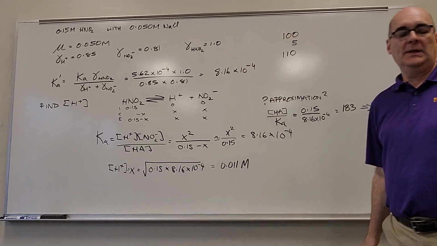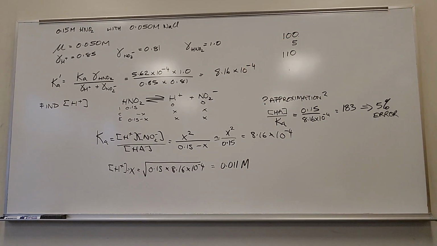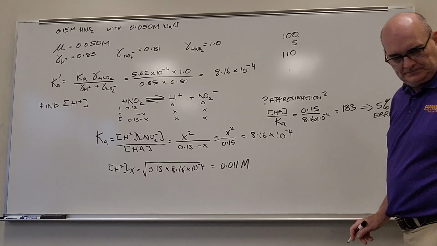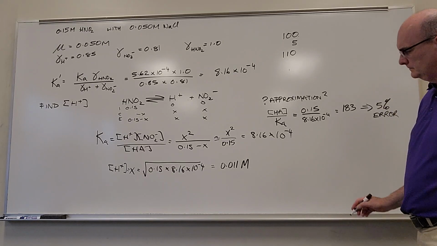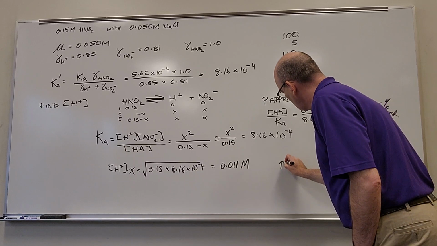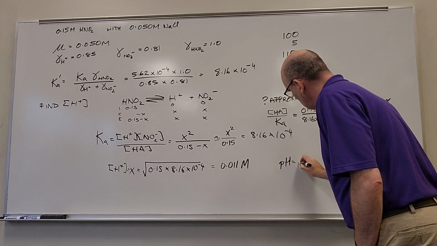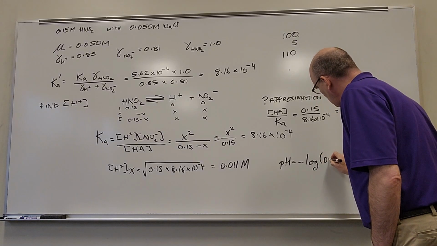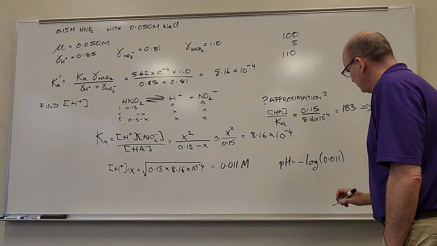Okay, we're going to do a pH on that? Have we been doing pH the whole way through? Yeah, and originally, the original question asked for pH. So pH is the negative log of 0.011.